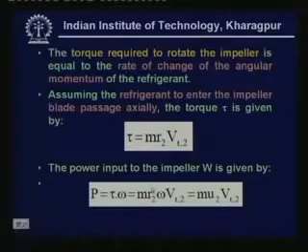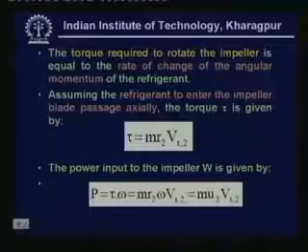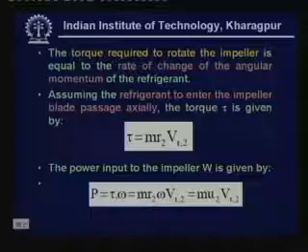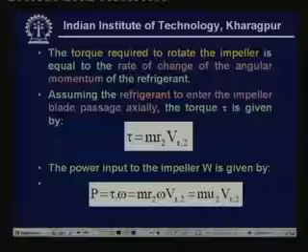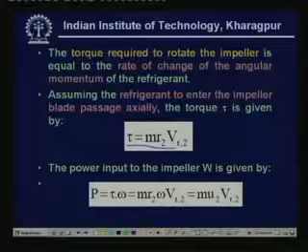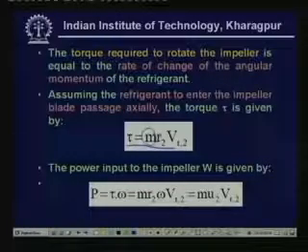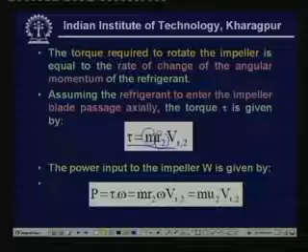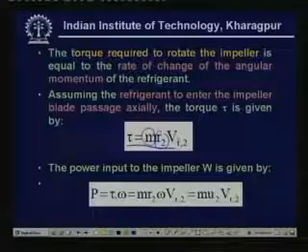The torque required, as you know, is equal to the rate of change of angular momentum of the refrigerant. This is the definition of the torque. Assuming the refrigerant enters the impeller blade passage axially, that means it does not have any tangential component at the inlet, the torque tau is given by this expression, where m is the mass flow rate, r2 is the radius of the impeller, and Vt2 is the tangential velocity of the refrigerant.